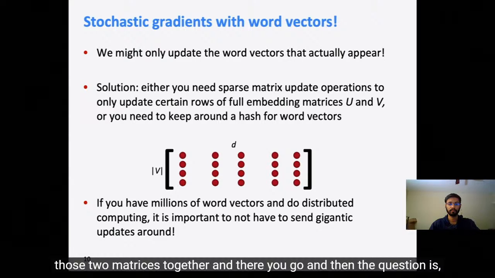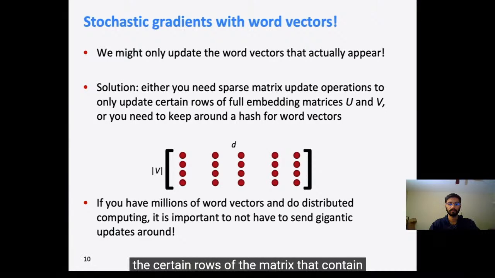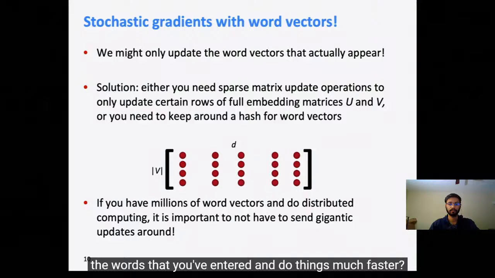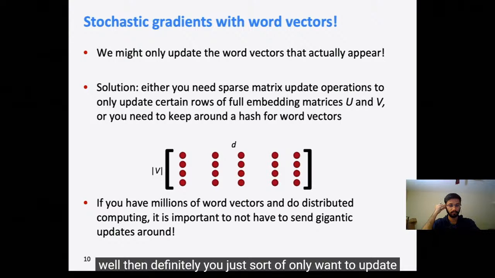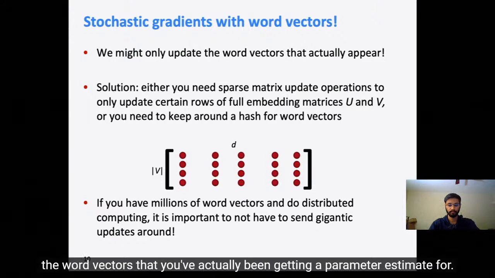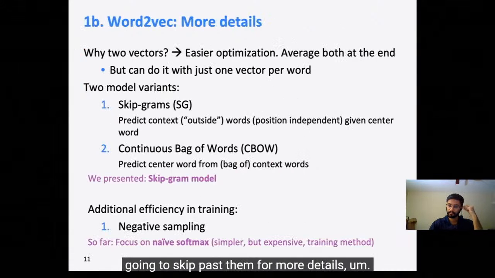And then the question is, can you actually have a sparse matrix update which only updates the certain rows of the matrix that contain the words that you've entered, and do things much faster? And if you're doing something even cleverer like doing distributed computation over multiple computers and sharing your parameters, well then definitely you only want to update the word vectors that you've actually been getting a parameter estimate for. So there are some details there, but I'm going to skip past them.